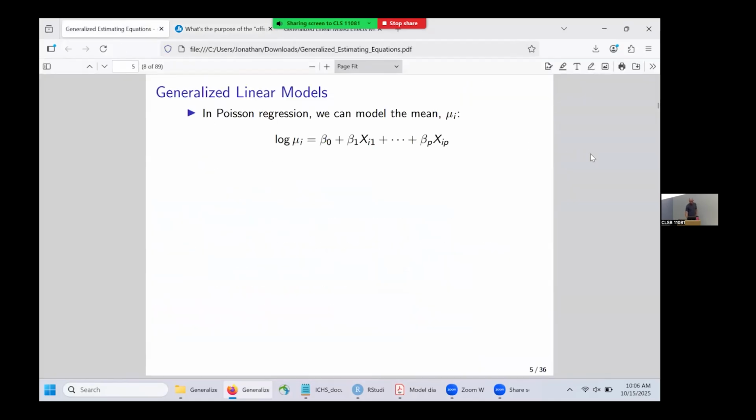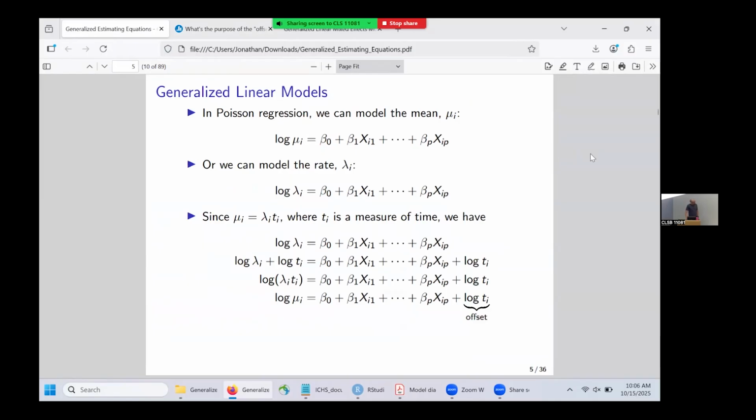So what does this offset parameter mean? Well, in Poisson regression, we can model the mean, like I've illustrated up here. Note that I'm using the canonical link function for the Poisson distribution, which is the log function, the natural log. So we can model the mean mu, or we can model a rate, which I'm going to call lambda. And since the mean is a function of the rate and time, or some measure of exposure, as someone put on Poll Everywhere, we can go through this sequence of equations where, if we want to model the rate, we can add in log of time or exposure.